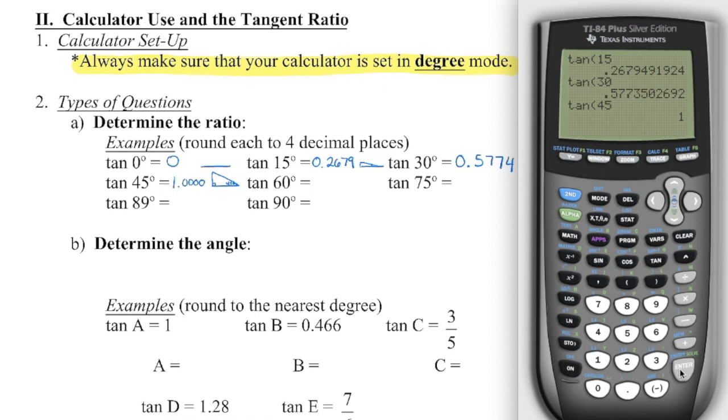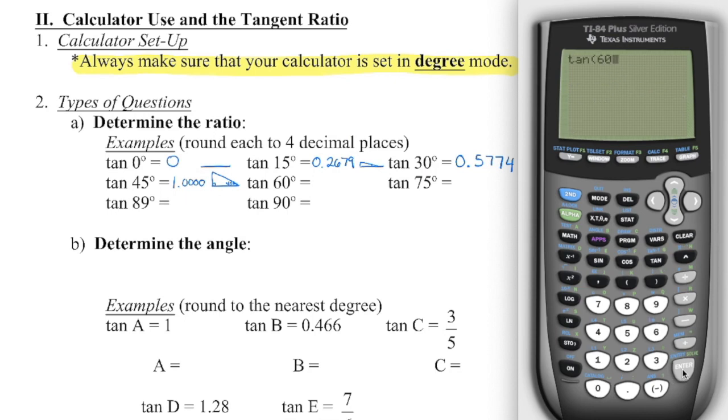Okay, so think about what we know about triangles. We know a triangle adds up to 180 degrees. So if this is 90, these two angles have to also add up to 90, which means this is also 45. So this, again, makes sense. If this is my angle, my opposite compared to my adjacent, this side is going to be the same as this side.